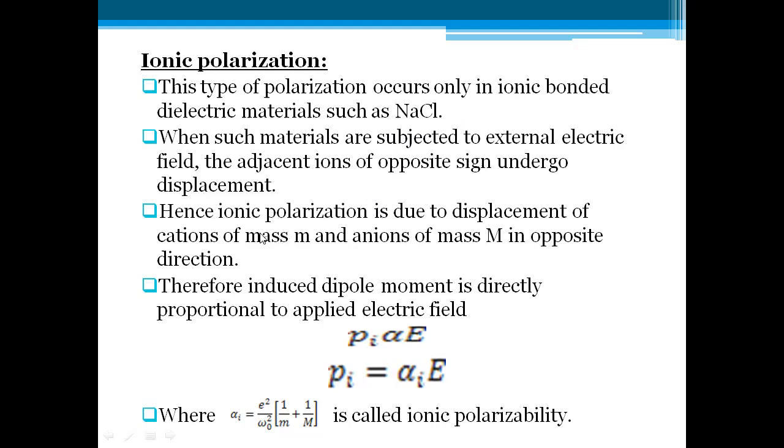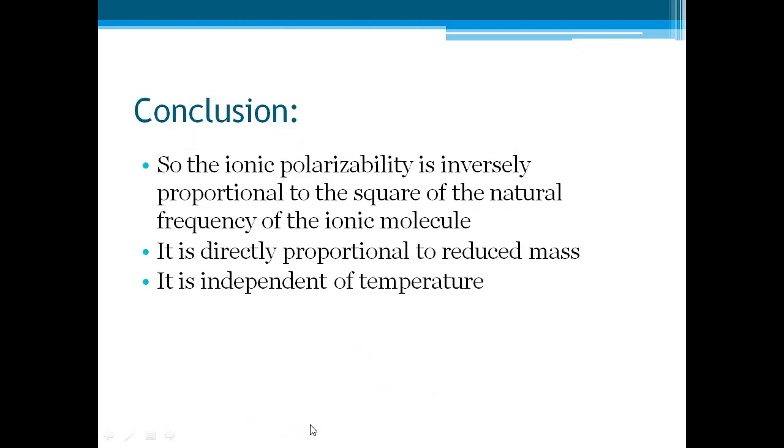So ionic polarization is due to displacement of cations of mass m and anions of mass capital M in opposite directions. Therefore, the induced dipole moment is directly proportional to the electric field, and the proportionality gives one constant called ionic polarizability, whose value can be determined using e square by omega naught square into 1 by small m plus 1 by capital M. From this formula, it is clear that ionic polarization is inversely related to the square of the natural frequency of the ionic molecule, directly proportional to the reduced masses, and independent of temperature.